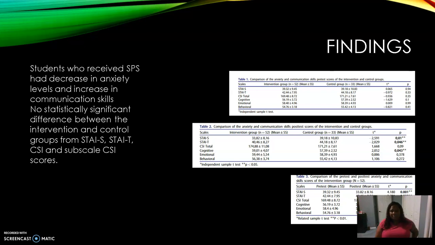I was able to find the tables with all the scores and put them on this slide. Table 1 was the comparison of the anxiety and communication skills pretest scores of the intervention and control groups. Table 2 was the comparison of the anxiety and communication skills post-test scores of the intervention and control groups. The third table was the comparison of the pre-test and post-test anxiety and communication skills scores of the intervention group.